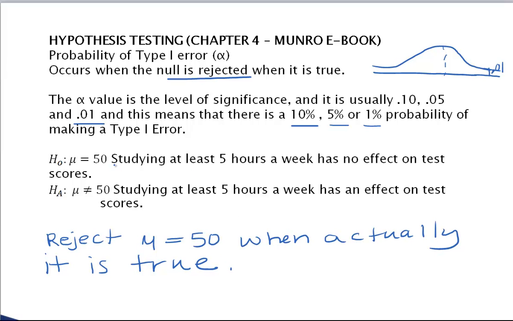So we just look at the null, and for a type 1 error, we reject it when actually it is true. It's important to know how to word this, so practice it for type 1 error.